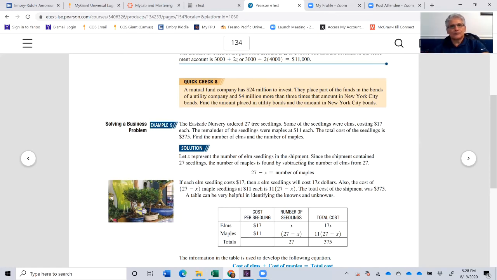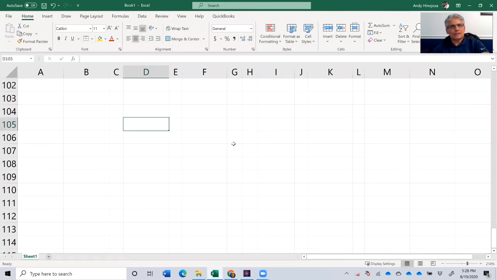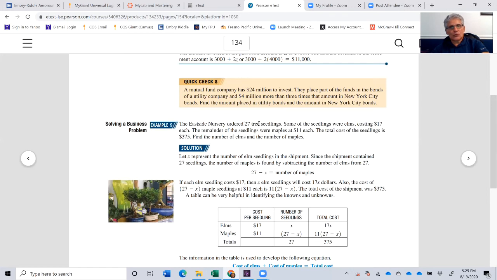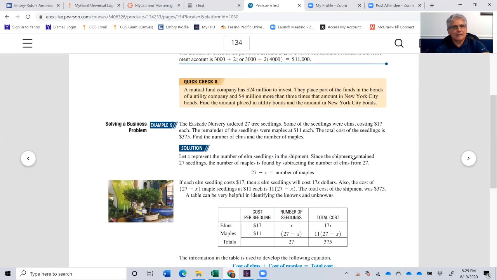Okay, so let's draw up an equation that would make some sense here. What do we know? We know that some of the seedlings were elms costing $17. So let's use $17, and we'll call that E. So 17 times E. We don't know what E is.